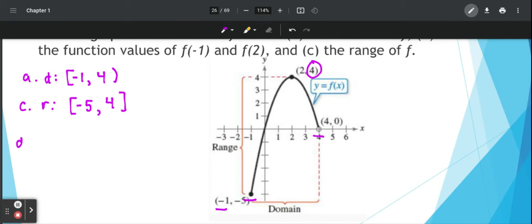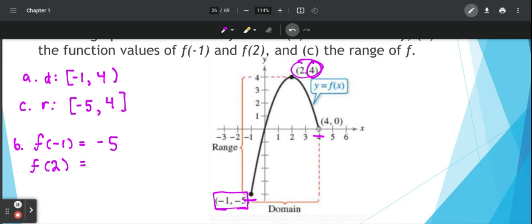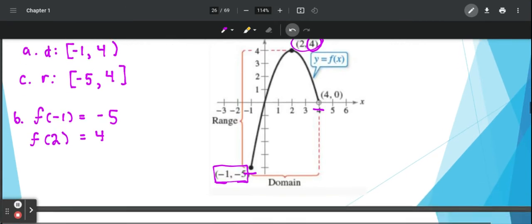And then part B, when it asks us using function notation f of -1, that means when x is -1, what does y equal? So we would look at this point. When x is -1, y is -5. f of 2 means when x is 2, what is y? And again, we're looking up at this point. So y would be 4. I don't think it asked us for any other ones.